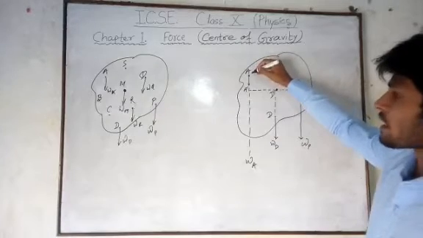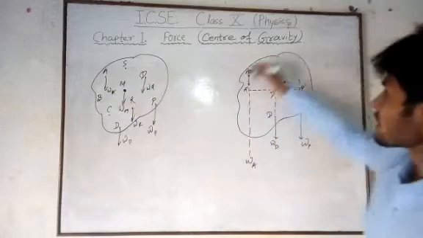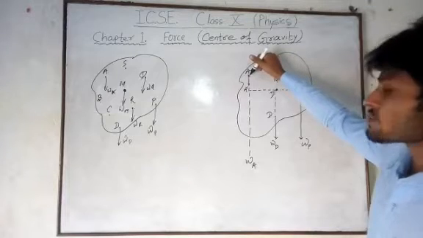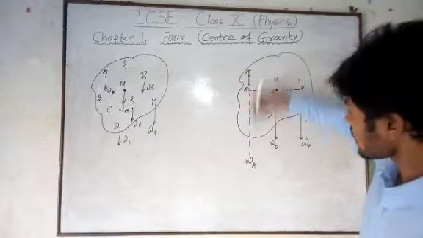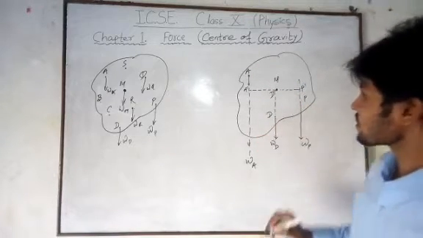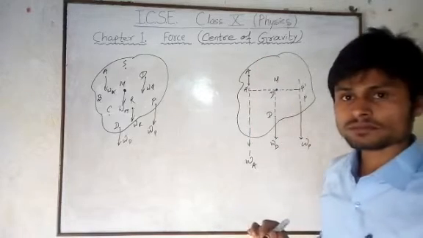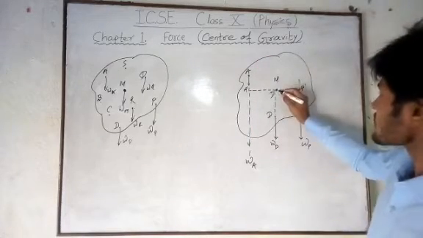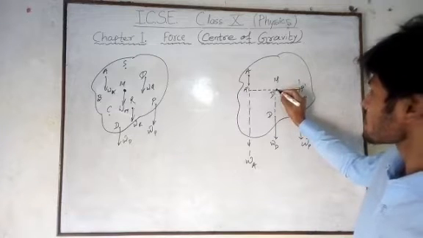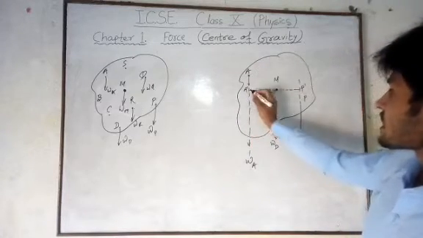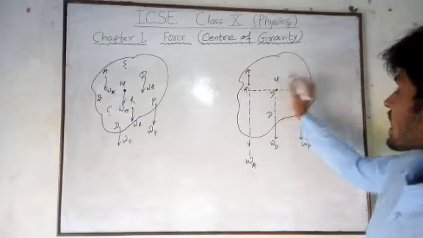This particle A applies a force due to its own weight, WA, downward in this direction. This is the line of action of the force, and M is the pivoted point. So the distance from M to the line of action of the force is A dash M.